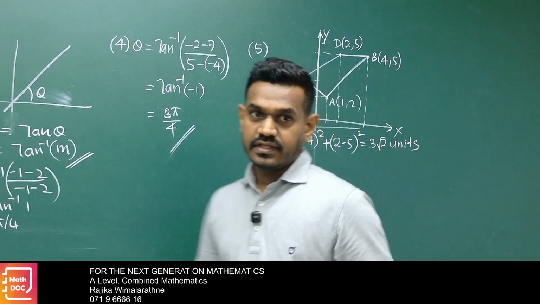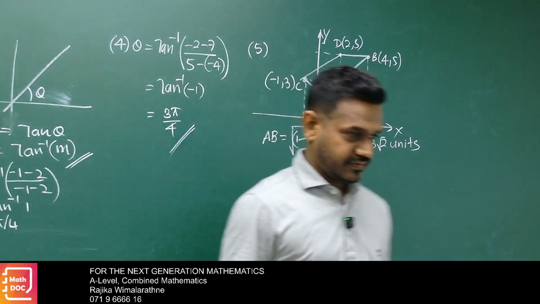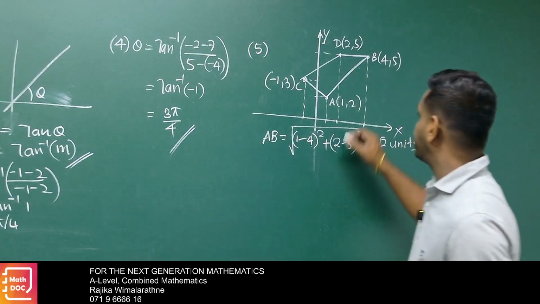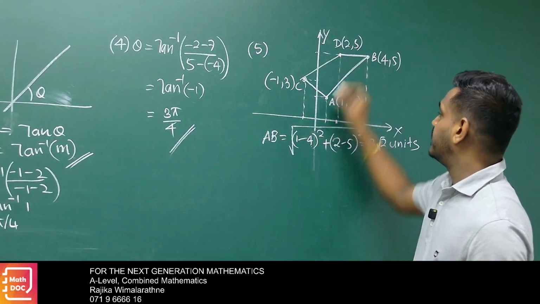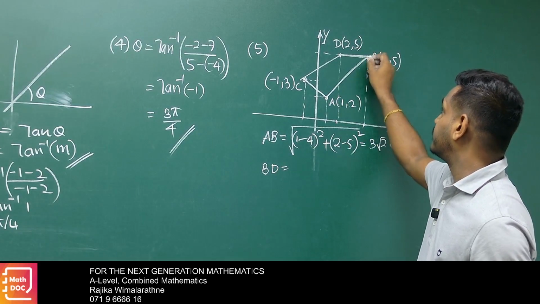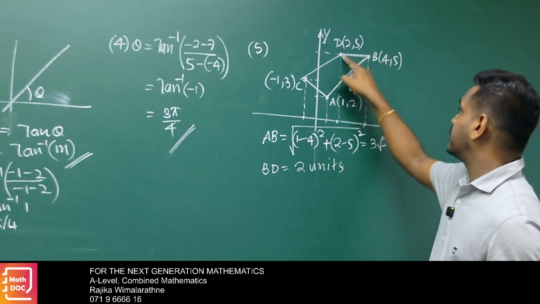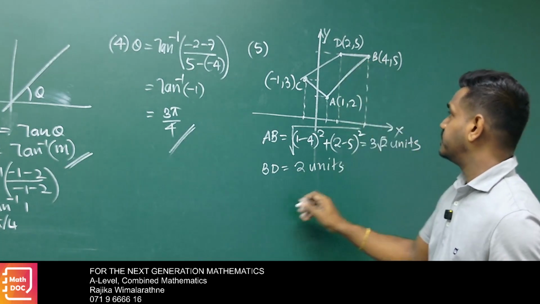Here units are not given, therefore you take any unit. That is AB. Then BD. We can easily write BD because the y coordinate is 5, so 2 units, since the x values 2 and 4 differ by 2.